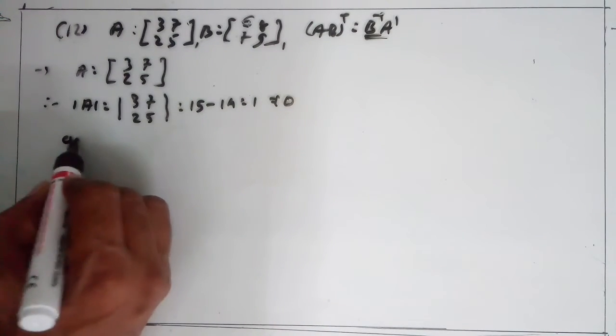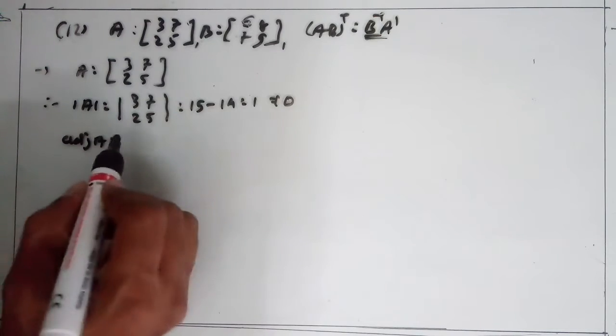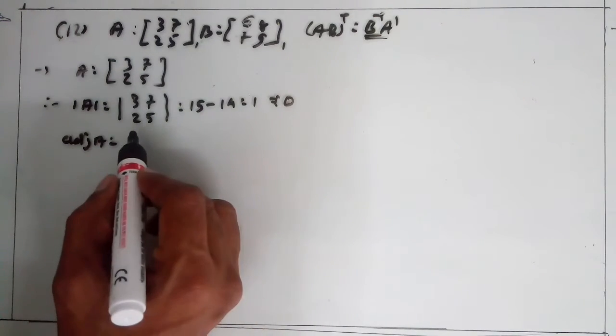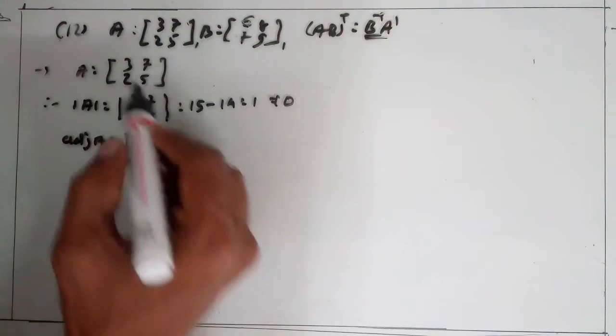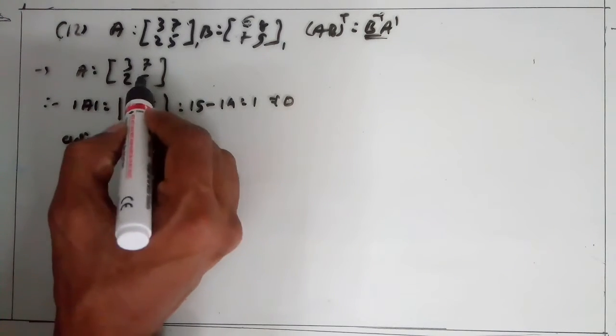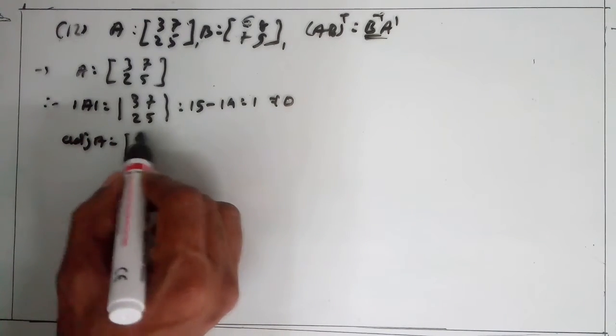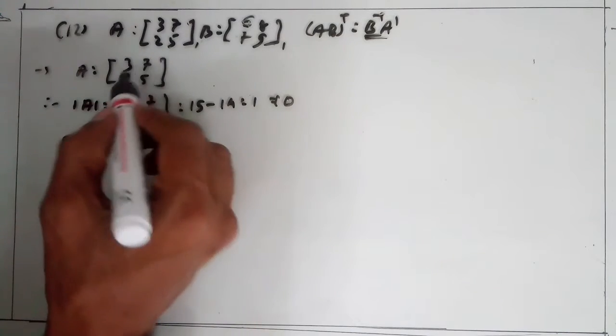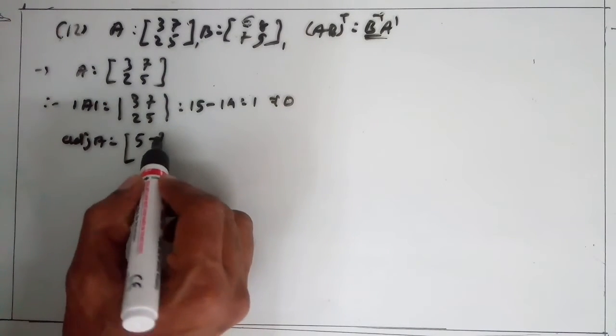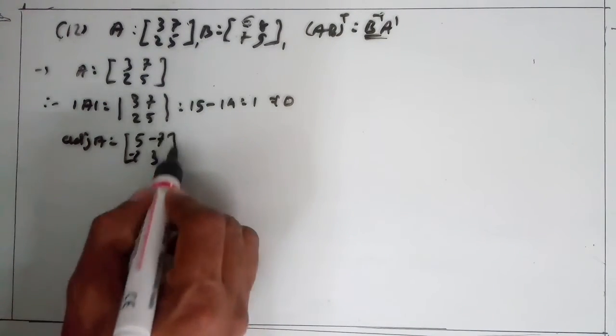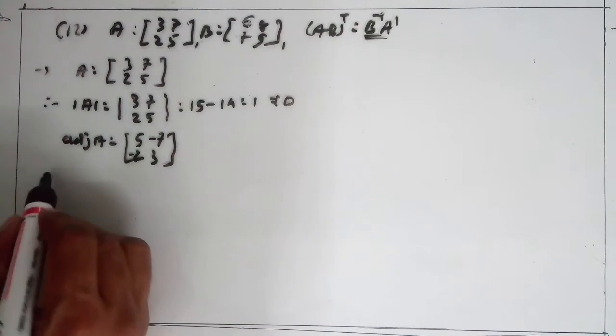And the adjoint of A is equal to, replace the principal diagonal entries 5, 3, and change the sign of the other entries, minus 7, minus 2. So this is the adjoint of A.